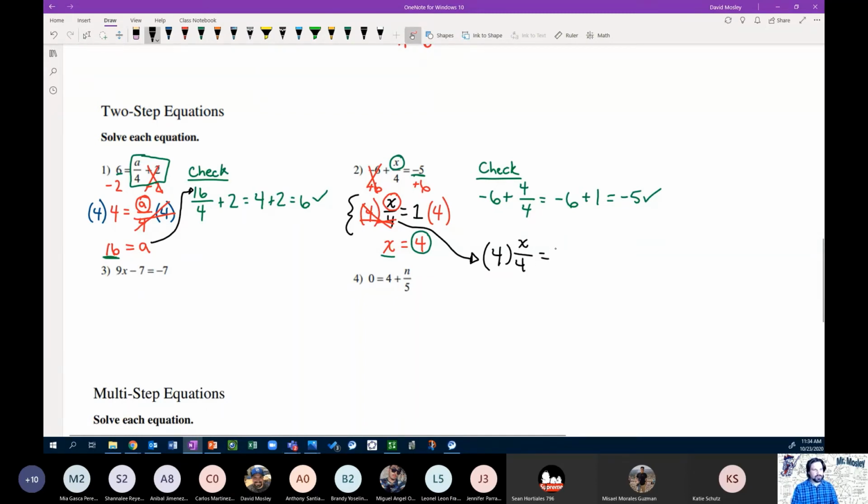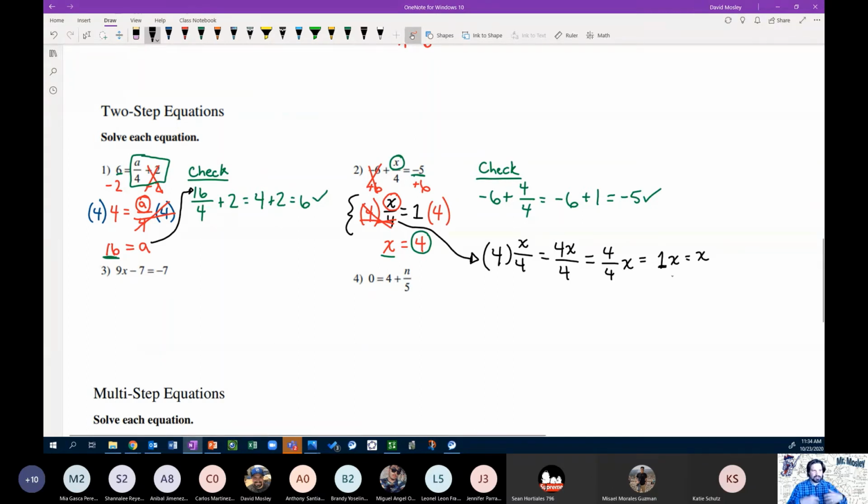When I do this, what's actually happening is I end up with 4 times x over 4, which is the same as 4 divided by 4 times x, which is 1 times x.